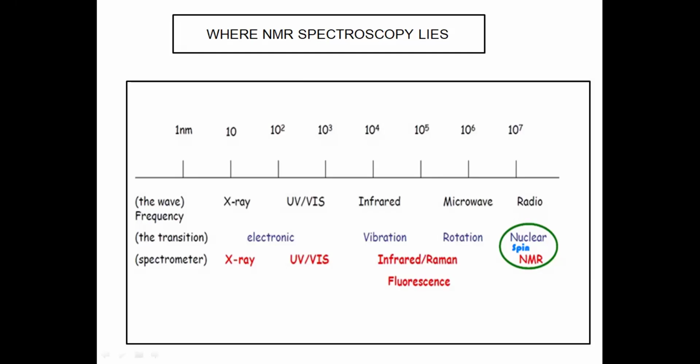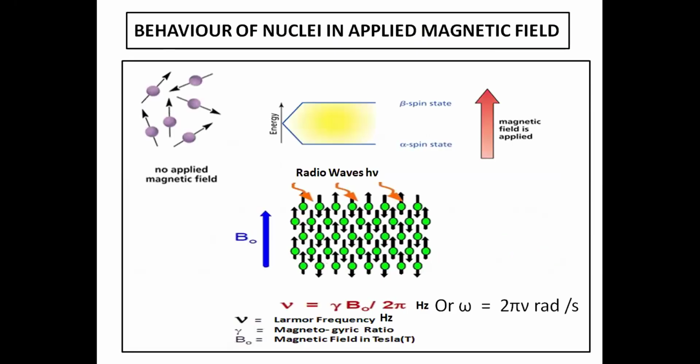So if we move forward, you can see quickly here all the concepts together. A nucleus, when no magnetic field is there, and then we apply the radio waves, and B0 is the applied field, and it makes them polarize from a spin lower state to the spin higher state, that is alpha to beta state, and this can be represented in this way.